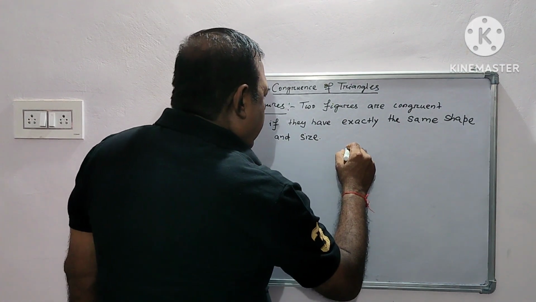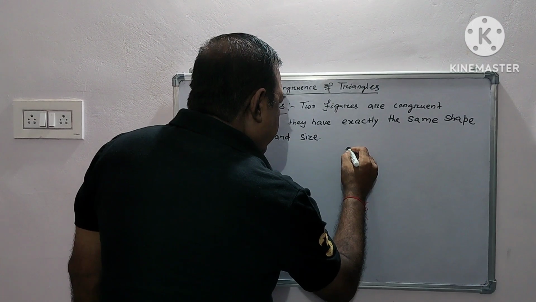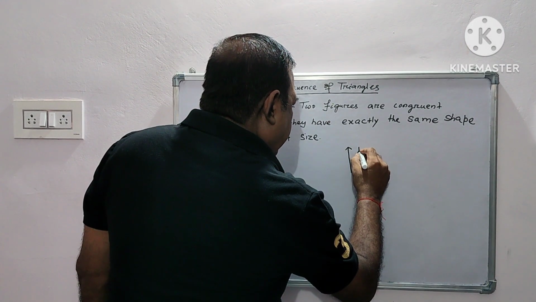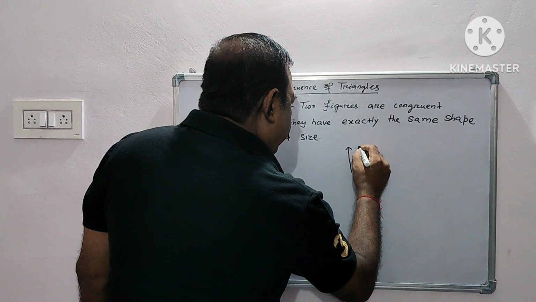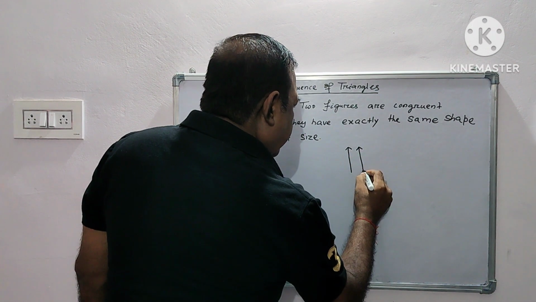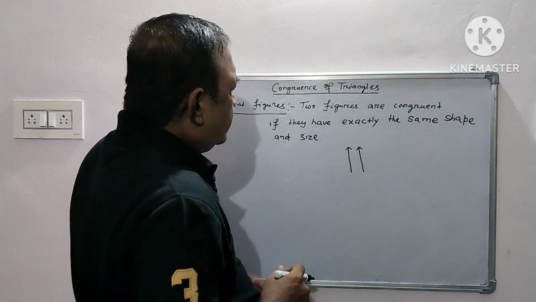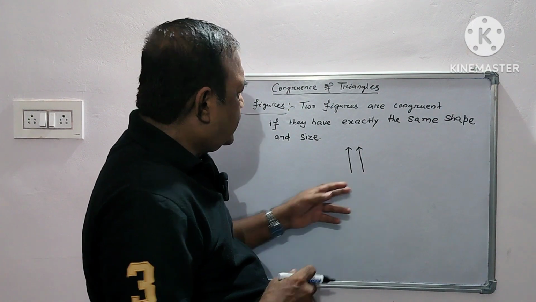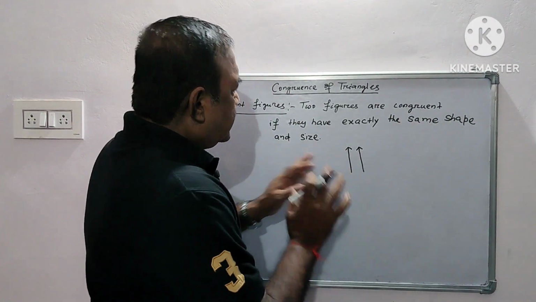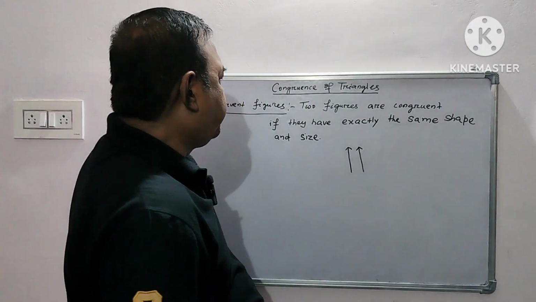Suppose I am drawing an arrow here. Exactly this should be the same, of the same length. So here it is one figure and here it is the next figure. Suppose both have the same shape and size.